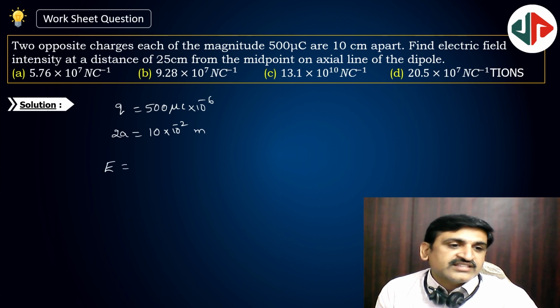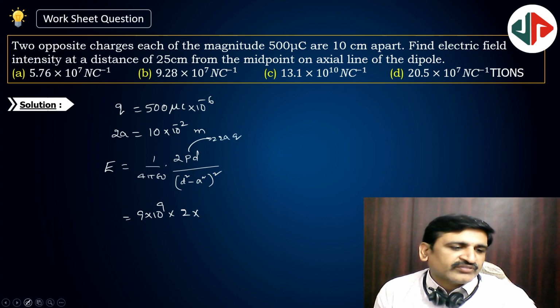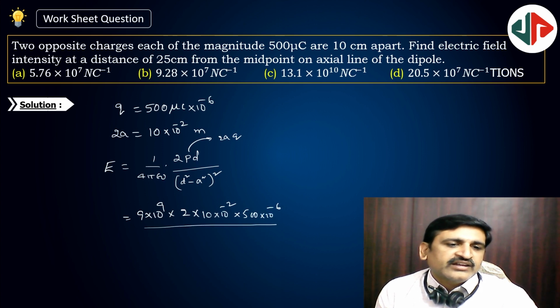Electric field E is equal to 1 by 4 pi epsilon naught, 2 pd by d square minus a square whole square. Full formula, big formula only. 9 into 10 to the power of 9 into 2 into p, where p is 2a into q. 2a is 10 centimeter into 10 to the power of minus 2 and q is 500 into 10 to the power of minus 6, by d square minus a square.